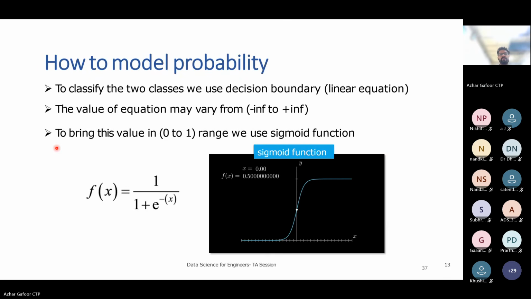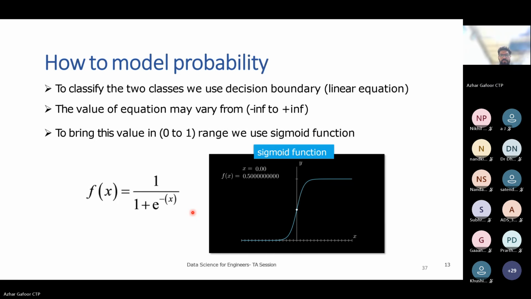But our goal is to bring this into the 0 to 1 range.